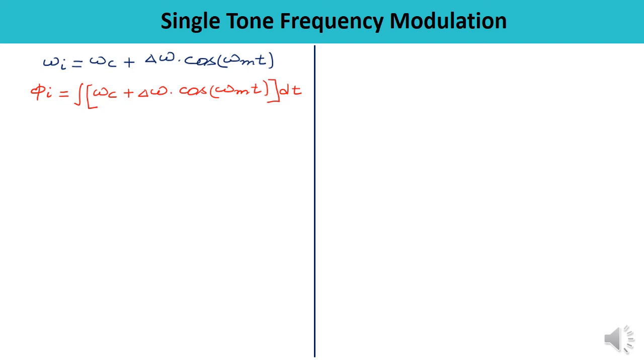And phi i is the total phase angle of the modulated wave, and you know that phi i is the integral of omega i into dt.